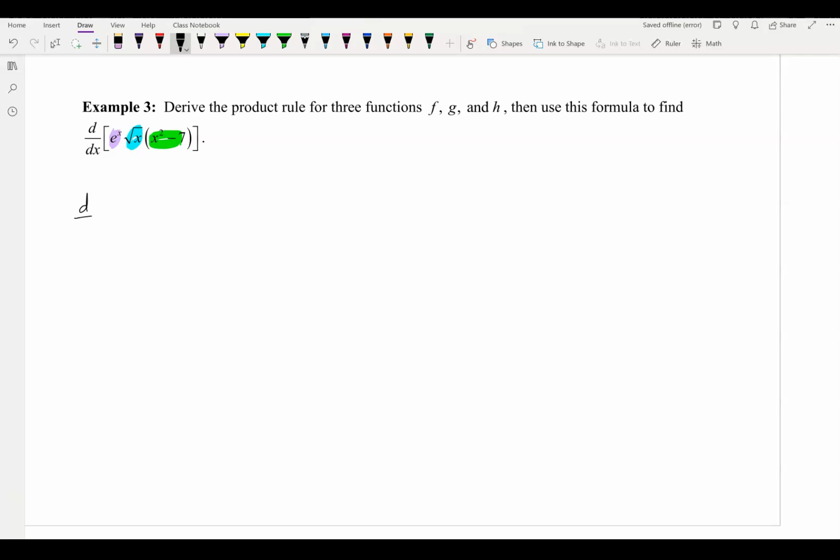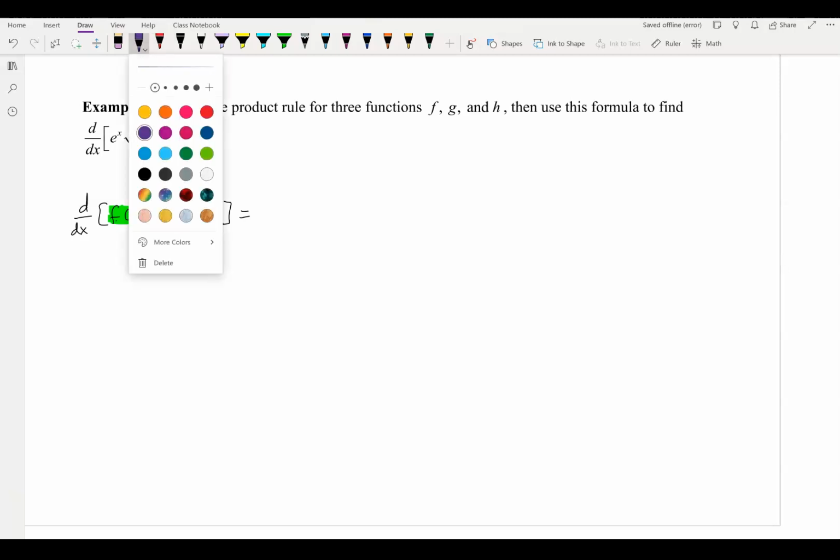Let's just start with the derivative with respect to x of f of x times g of x times h of x. Well, I'm going to get rid of these colors because I want to reuse the colors here. You can do this a couple different ways, but let's treat this as my first function in green and my second function in purple. And then we'll see what happens from there.